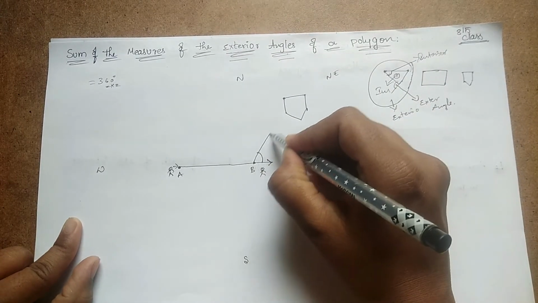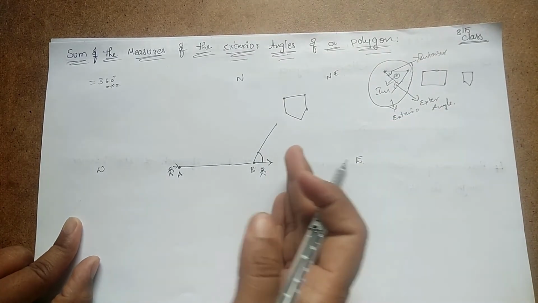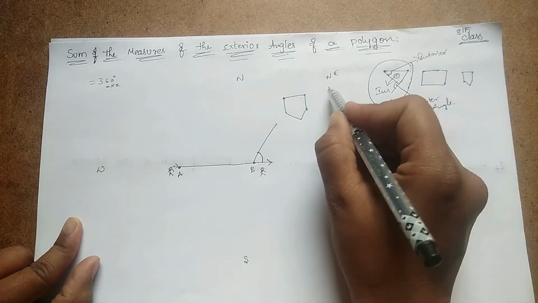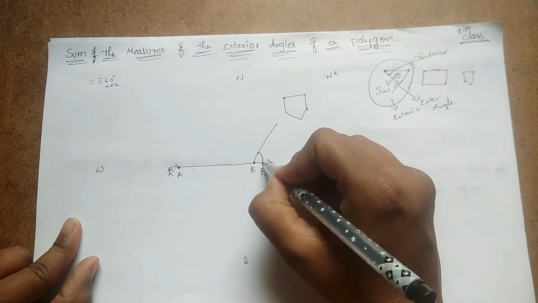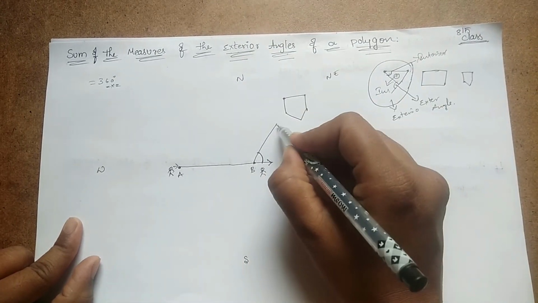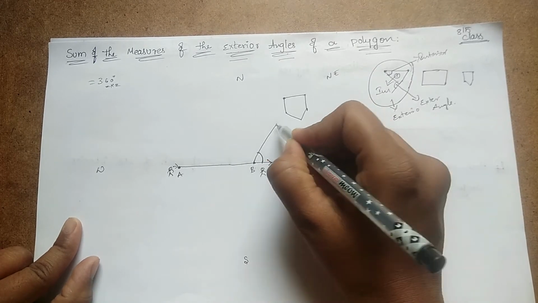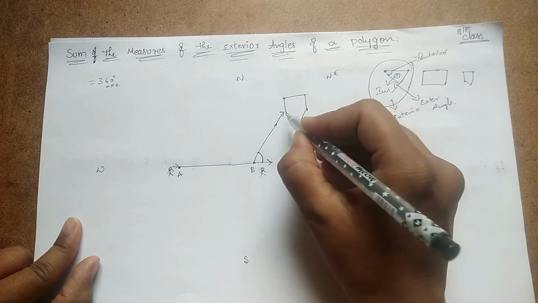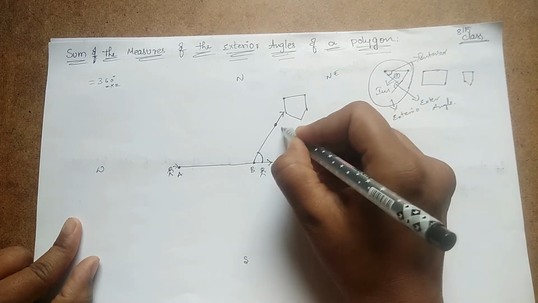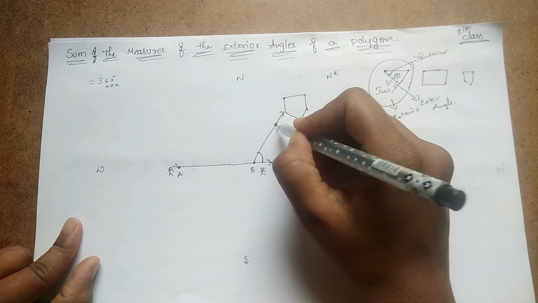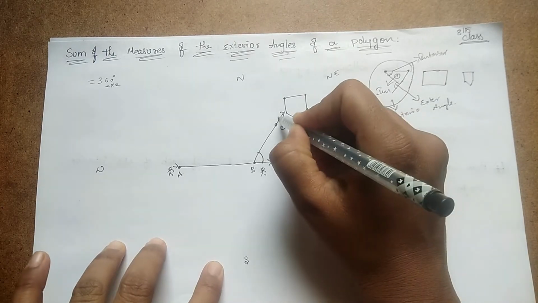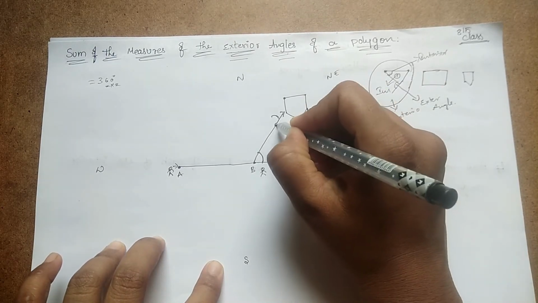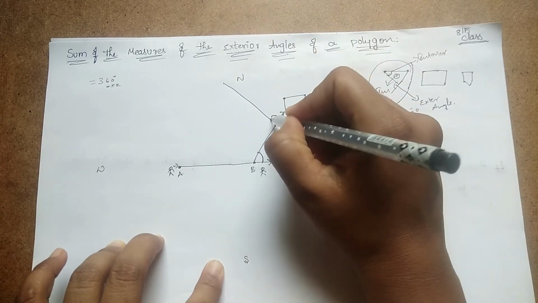I am taking some angle because I am moving towards the northeast side, so it makes some angle. I keep moving like this continuously towards the northeast. When I arrive, let it be point C. Again I make some angle and turn towards the north side.